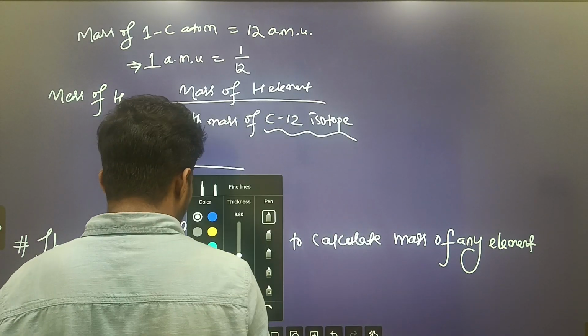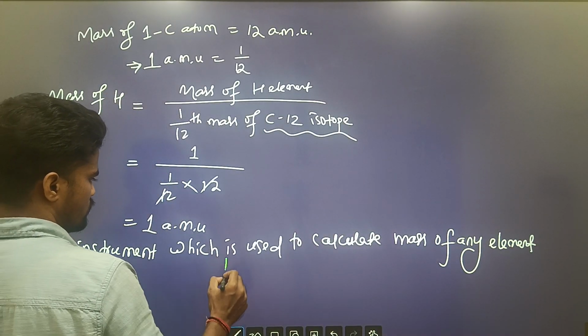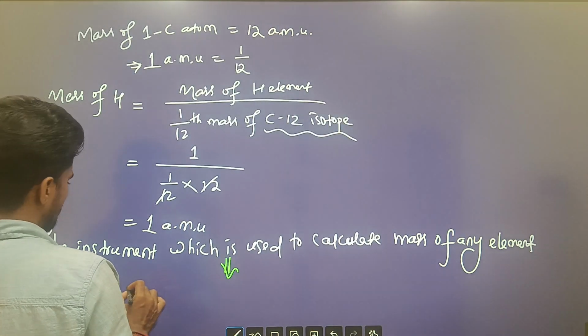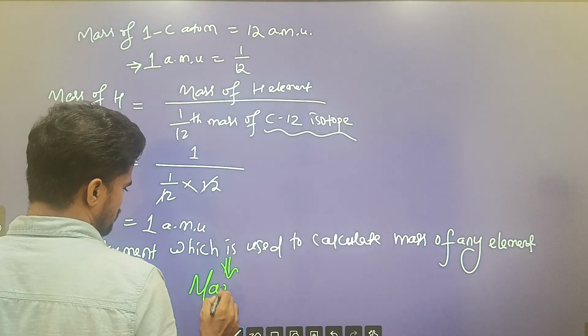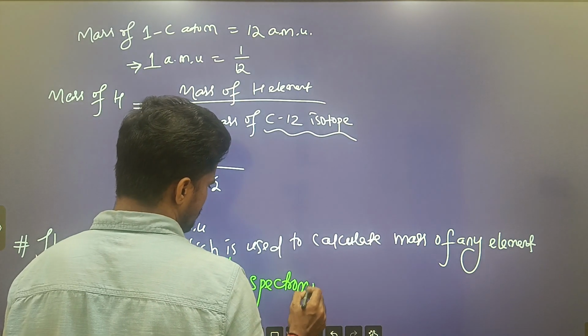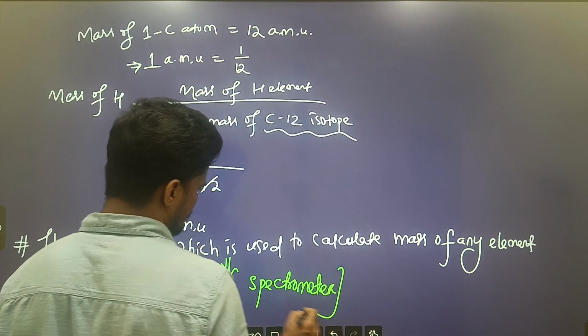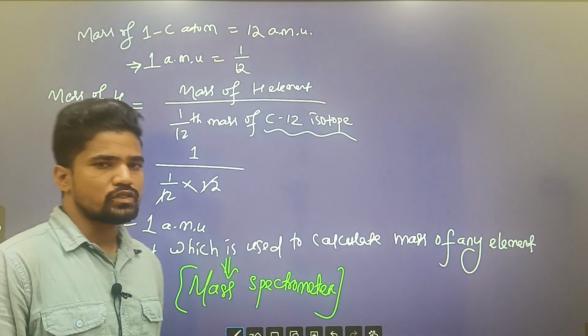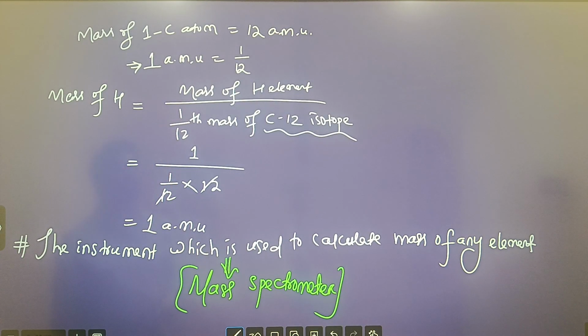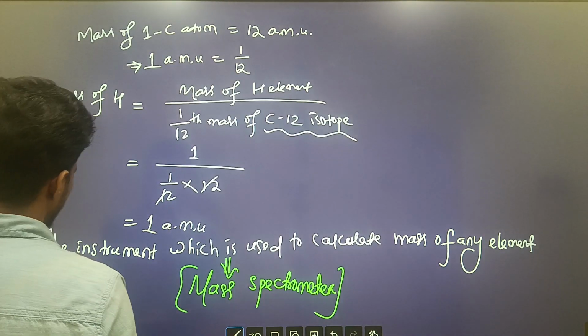That is, what is the mass? What is the instrument? The instrument name is mass spectrometer. Nowadays this instrument is used to calculate the mass of any sample or atom size. Okay, so hope it is clear?